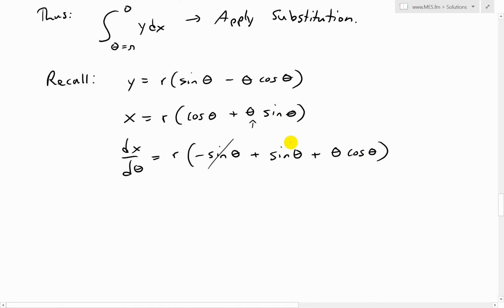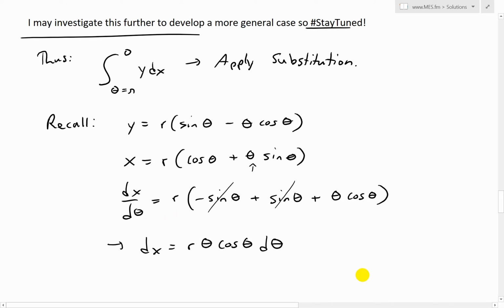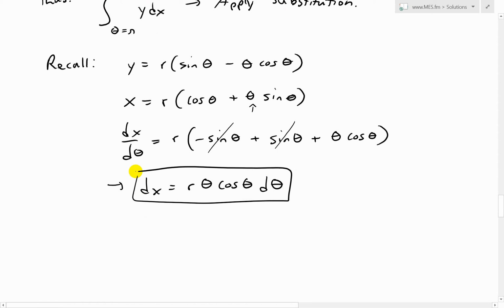Notice here, negative sine and positive sine cancel, and then move the d theta to the other side, so we get dx equals r theta cosine theta d theta, like that. So we could throw that in there, and I'll just circle this one like that.